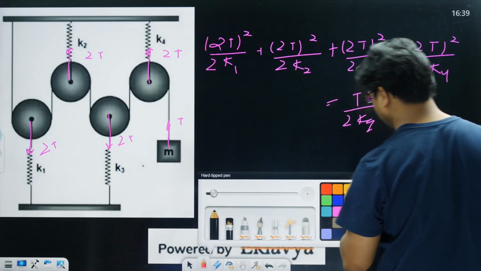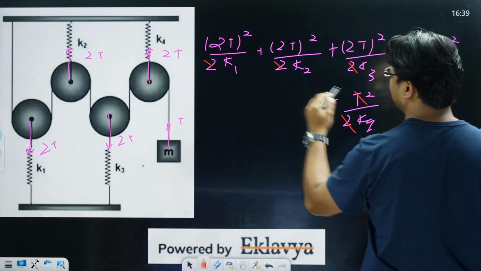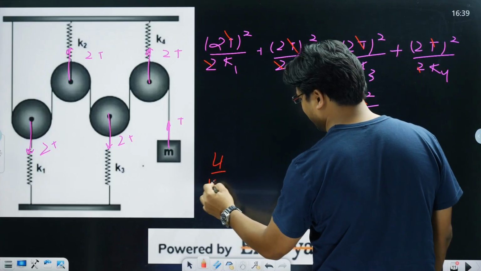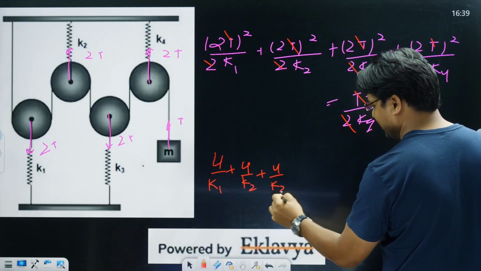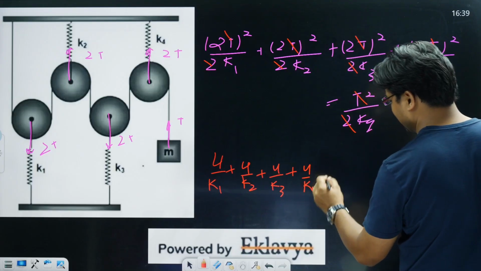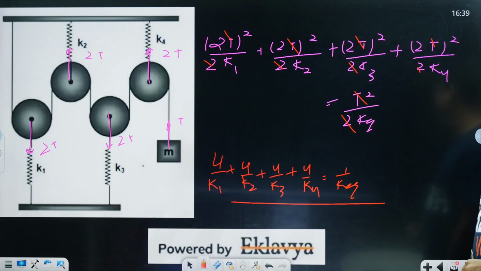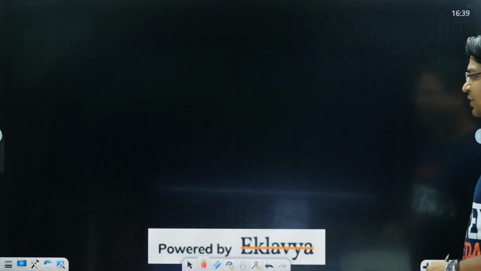That will give you the answer. 2 gets cancelled everywhere, T square gets cancelled everywhere. So we get 4 by K1 plus 4 by K2 plus 4 by K3 plus 4 by K4 is equal to 1 upon K equivalent. Alright, so that would be our answer. Got it, everyone? Okay, moving to the next question.